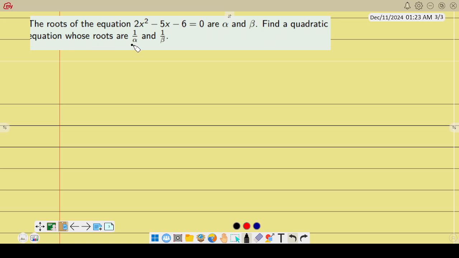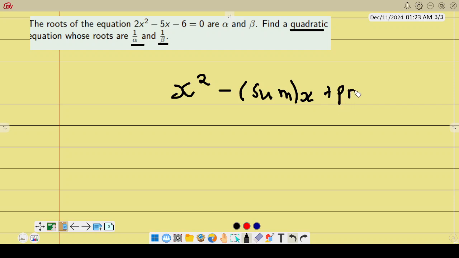You have to remember the new quadratic equation will be x squared minus the sum of the new roots times x, plus the product of the new roots. That will be the destination.